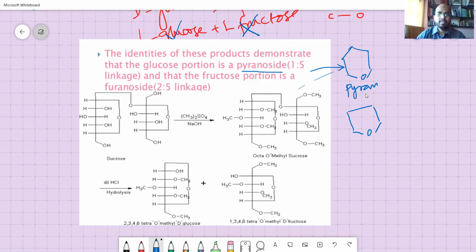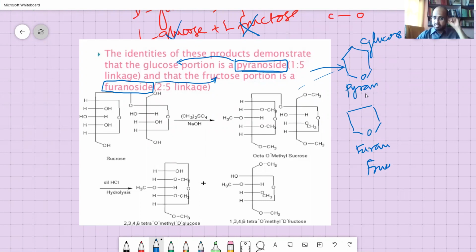So what I have established is pyranoside for glucose and furanoside for fructose. This is a point you have to remember.